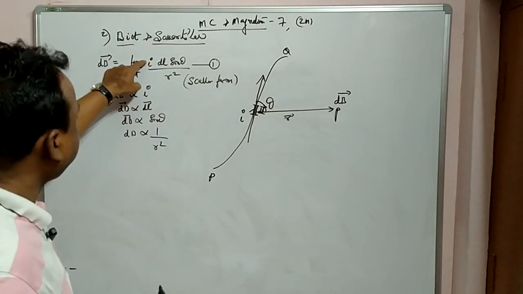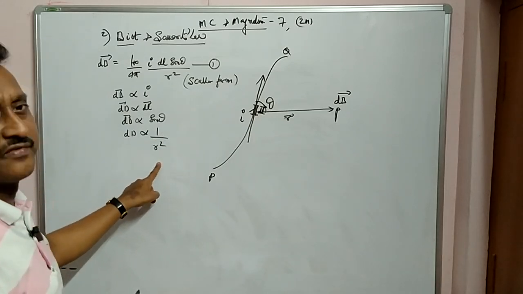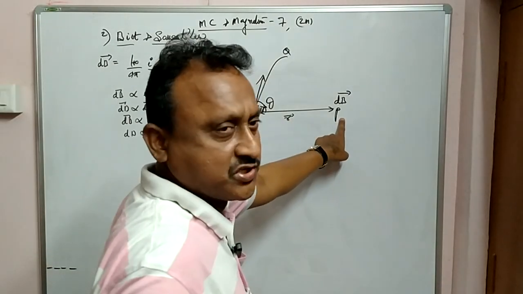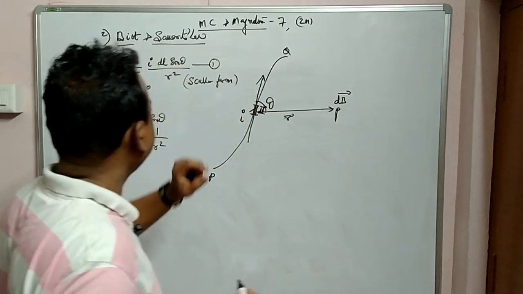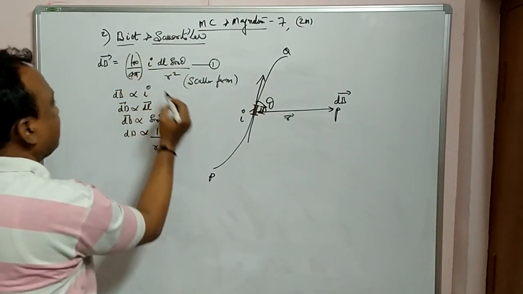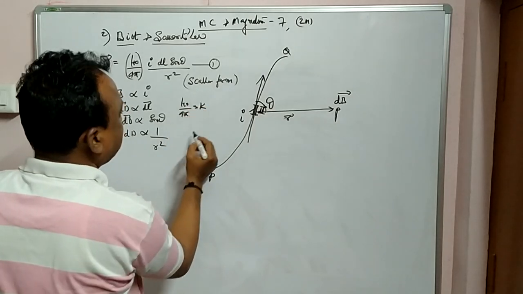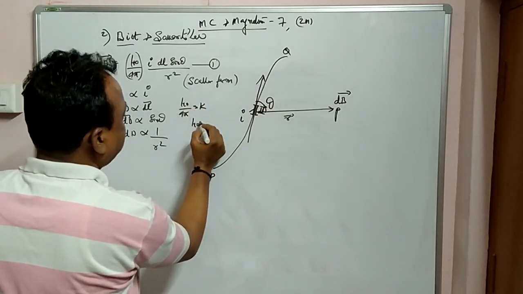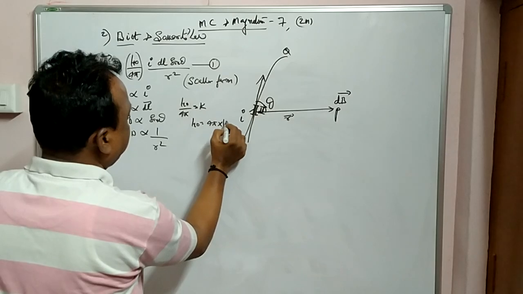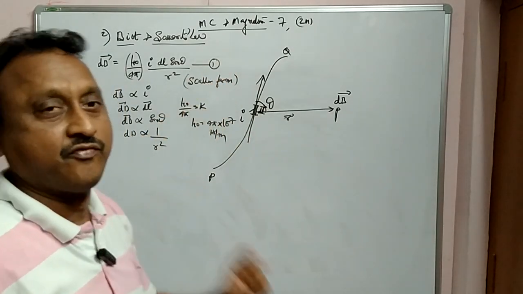Combining all, you get this. This is constant k. We all know mu naught by 4 pi is a constant, and mu naught is 4 pi into 10 power minus 7 Henry per meter. So this is the scalar form.